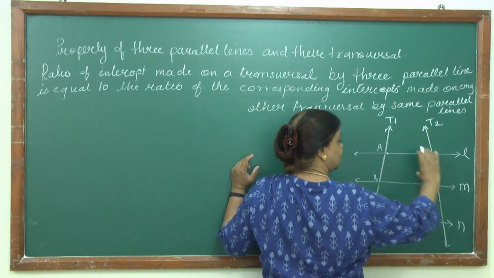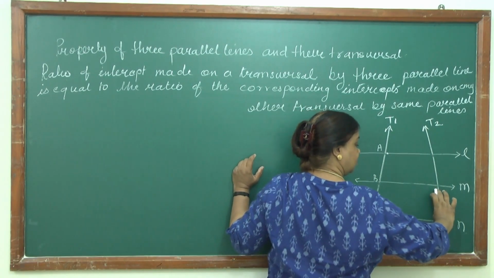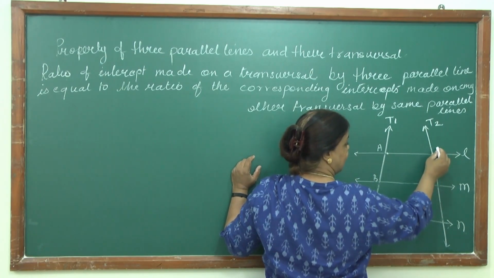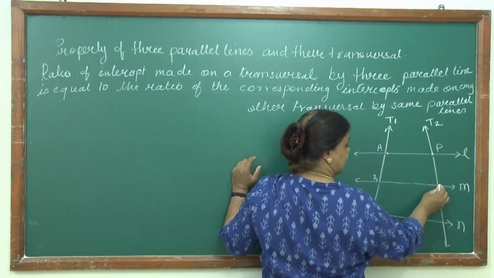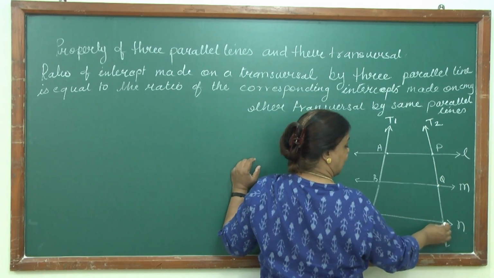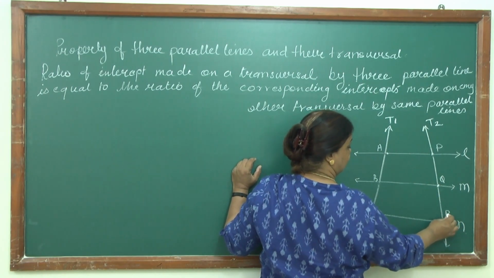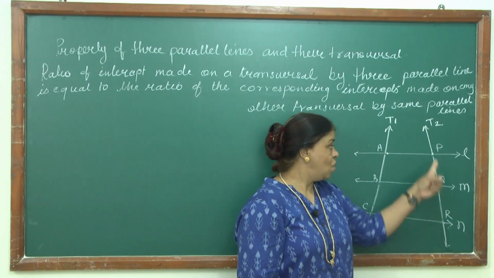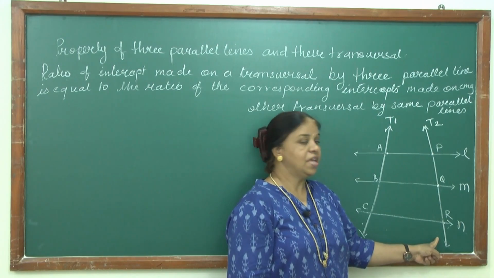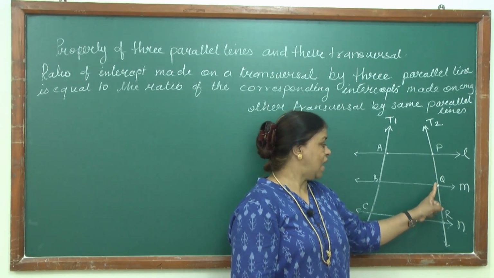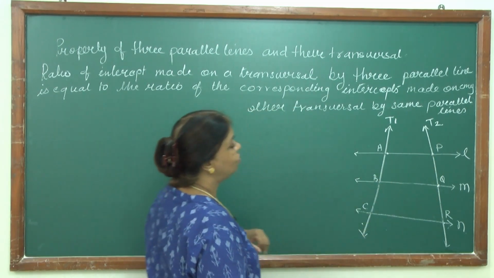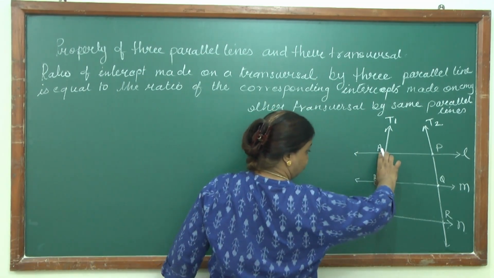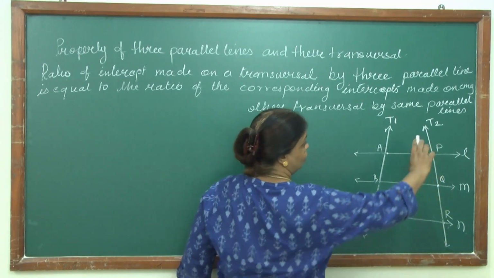So this is the corresponding intercept. Let us say T2 intersects line L at P, line M at Q and line N at R. So the intercepts made by L, M, N on transversal T2 are PQ and QR. What we want to prove is that the ratio of these is equal to the ratio of these two.